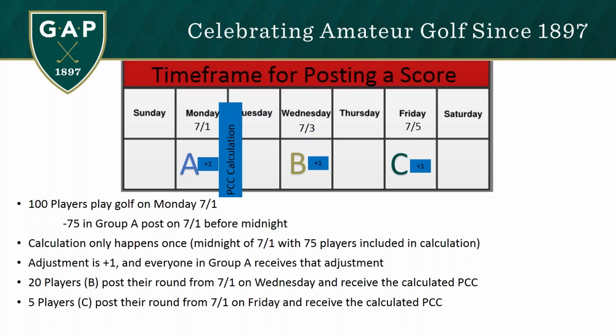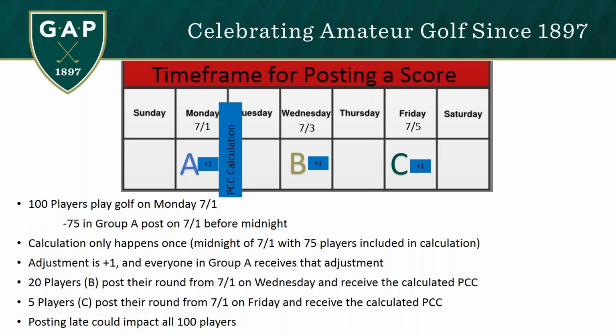So the point of this slide is that posting late could impact all 100 players. Let's say that players in B and C didn't post their score right away because they were really poor scores and they didn't want that on their record for whatever reason. If they would have posted that score on Monday the 1st, maybe the PCC calculation would have been +2 or +3 instead of +1. We all know playing in net events that one stroke can mean a huge difference, whether it comes down to one stroke in match play or a player winning by one stroke in a stroke play net competition.